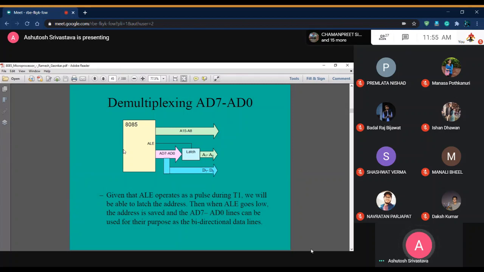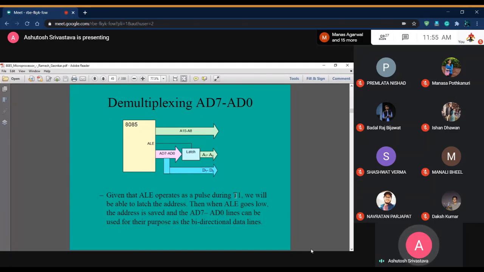So in this, how does this part operate? Your ALE operates as a pulse, because we are talking about 3 clock pulses and 1 clock pulse. Remember?